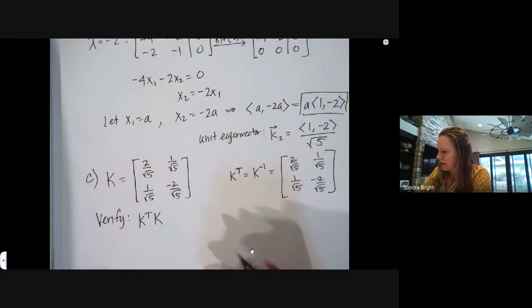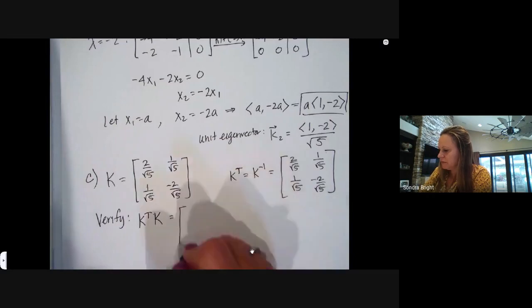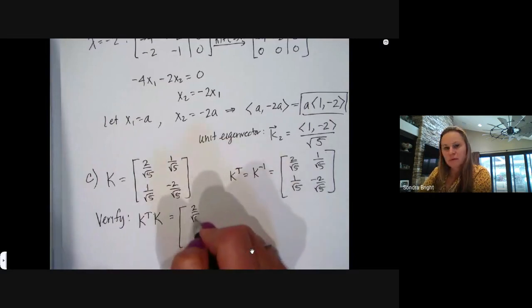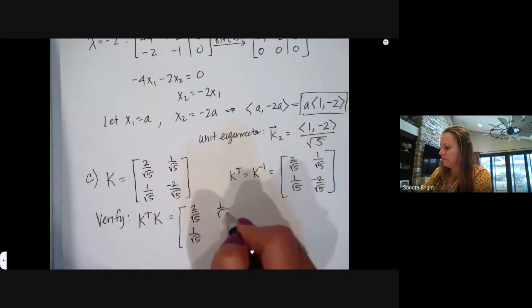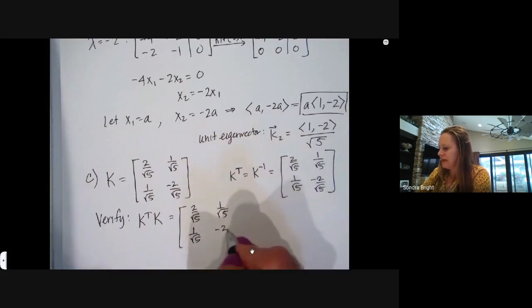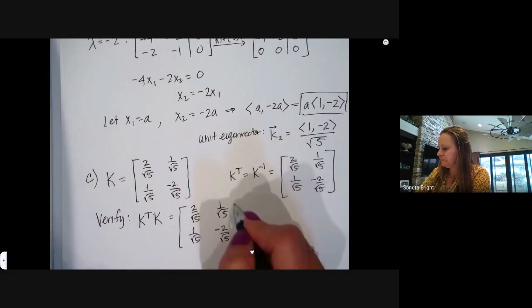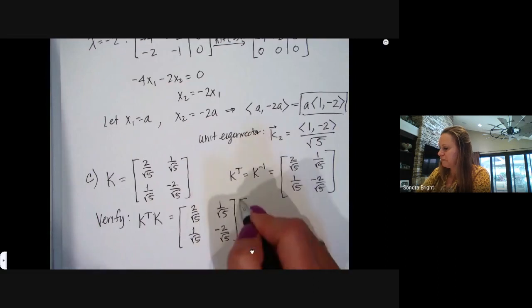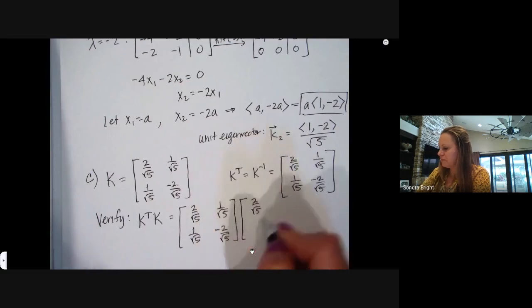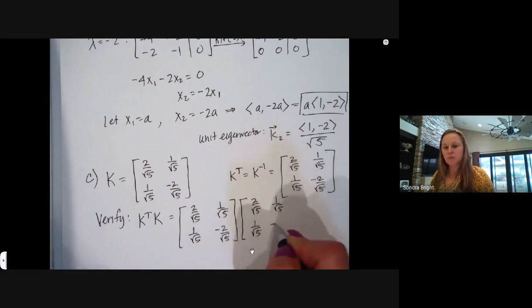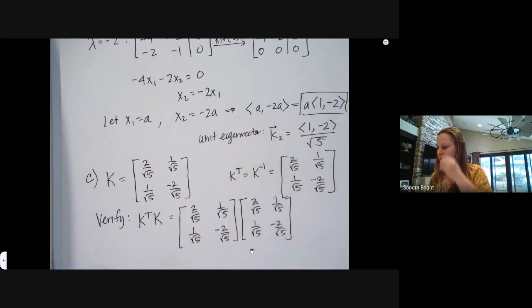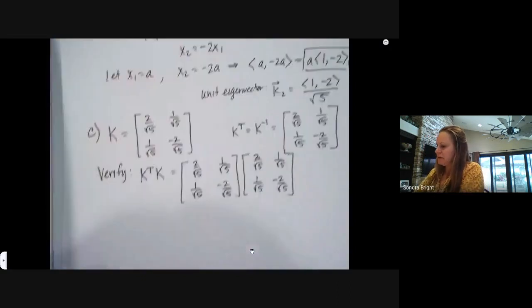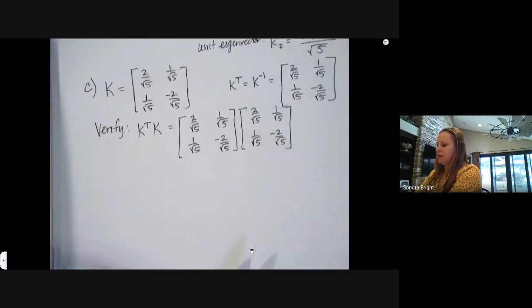Which is 2 over rad 5, 1 over rad 5, 1 over rad 5, -2 over rad 5, and then times K. We'll multiply these two by going row 1 times column 1.